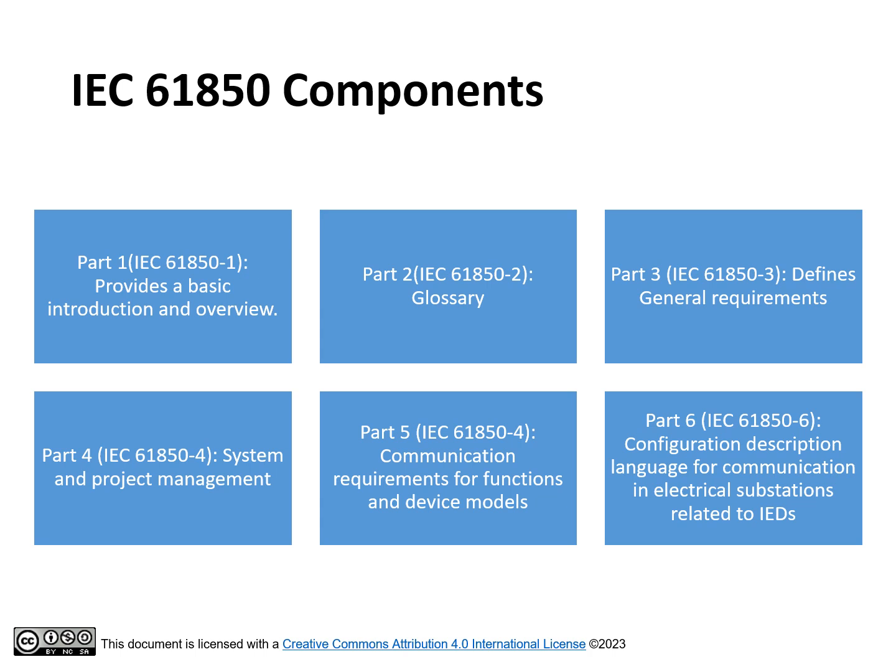Part 4, IEC 61850-4, has the system and project management. Part 5, IEC 61850-5, has communication requirements for functions and device models. And Part 6, IEC 61850-6, is the configuration description language for communication in electrical substations related to IEDs.